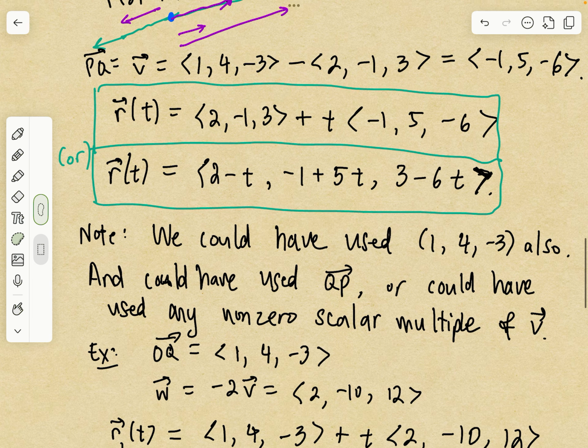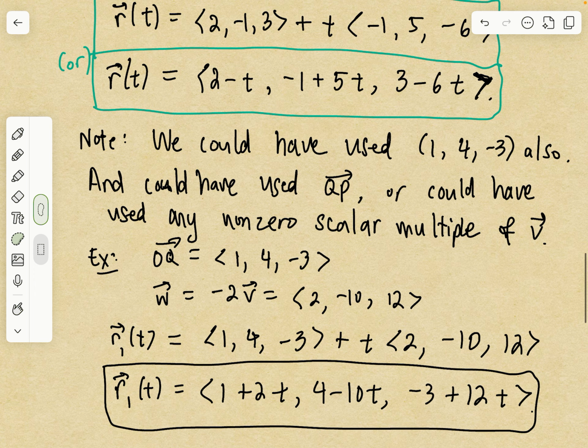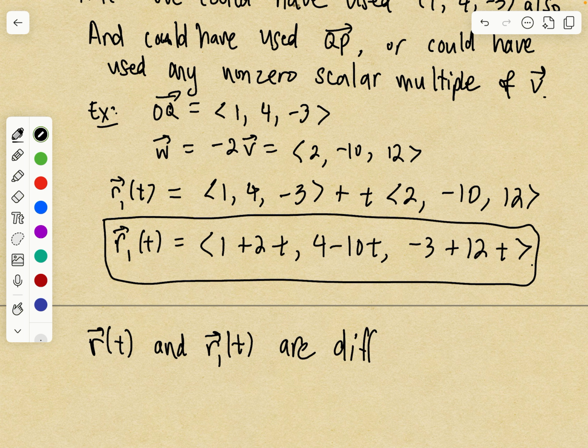But it wouldn't have been the same values of t for this r of t and this r1 of t. So for instance, if you plug in t equals 10 into r of t, then you're not going to get the same as if you plug in t equals 10 into r1, right? Because these are different equations. So r of t and r1 of t are different equations.